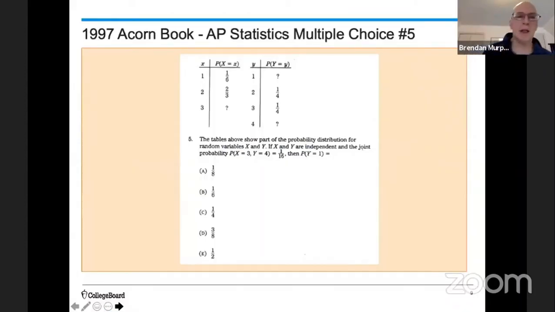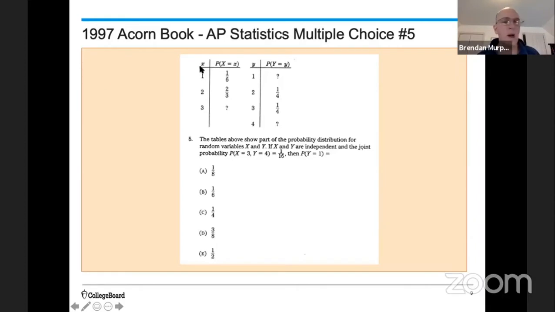So this is an oldie but goodie. This is from the 1997 exam, actually the Acorn book. I sometimes give this to my students before we've talked about random variables. I just sometimes like to give them a problem and see what they can do with it. I really like this, and that being said, my students don't like this.